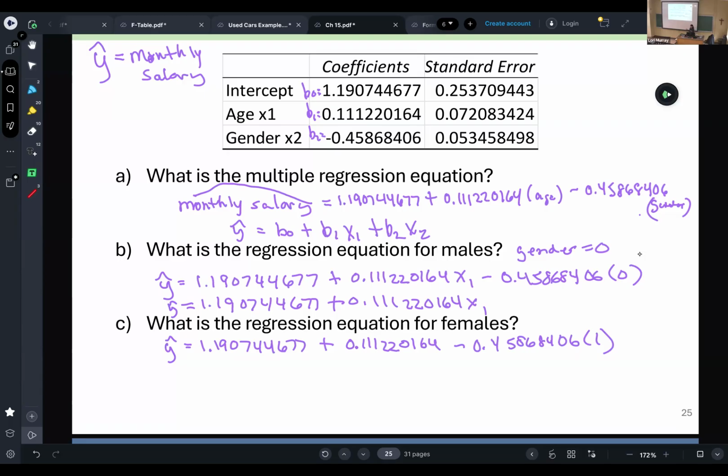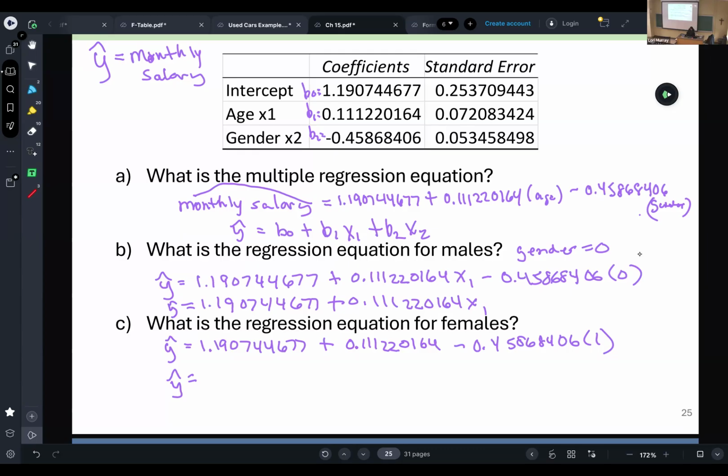They're called binary variables, zeros and ones. Then that can be simplified. If I take 1.190744677 and subtract this, I'm going to get a different intercept. That's the only difference between the male equation and the female equation: the intercept is different. We just subtract that.